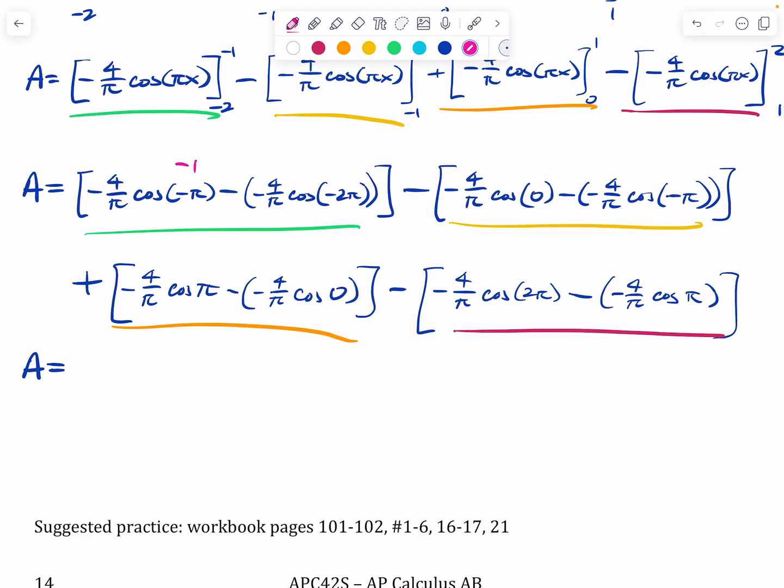So if this is negative 1, then that whole value is 4 over pi. Cos of negative 2 pi is positive 1. So these positives canceling out, we get, for that one, 4 over pi. We're going to subtract whatever's in this next one.